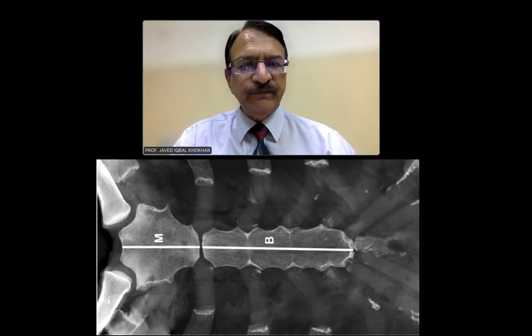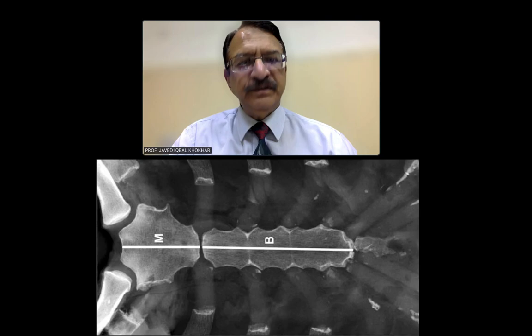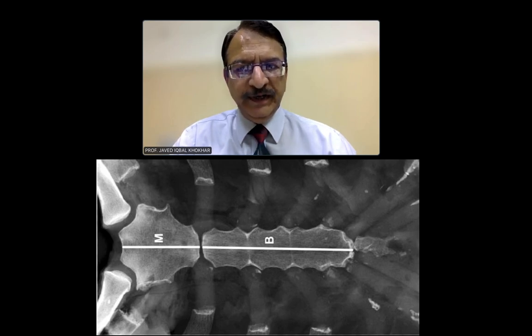You can see the four pieces of sternum which are labeled as B, which is the body, and M is the manubrium, and lower is xiphisternum, which is a cartilaginous structure. The four pieces of the sternum have been fused, but the body has not fused with the manubrium.